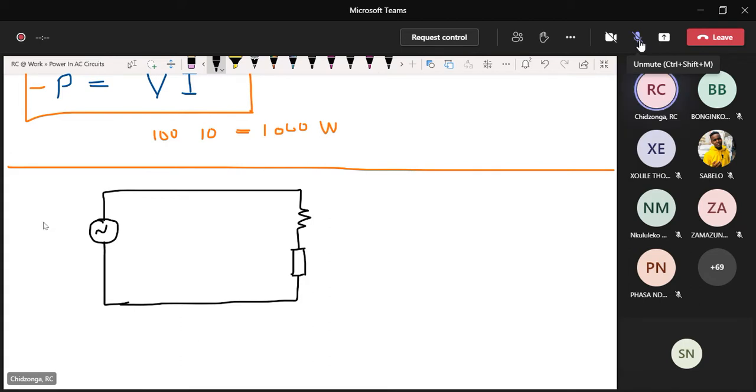Now, this is a voltage. I'm now using phasors. Remember, this is AC analysis. So I'm now going to use phasors. And this whole thing here, I'm now going to say it's an impedance. It has a magnitude and it has an angle, right? That is general.